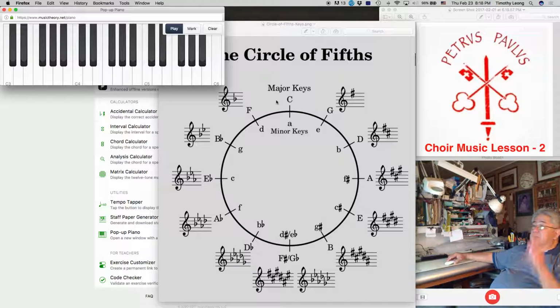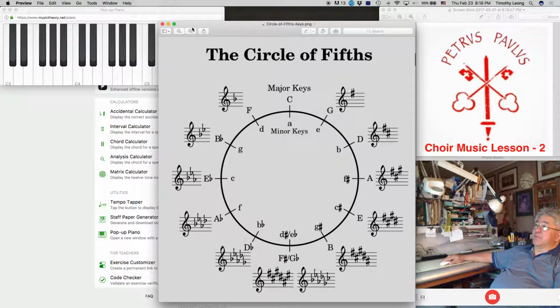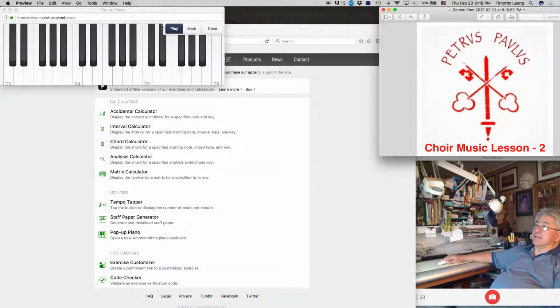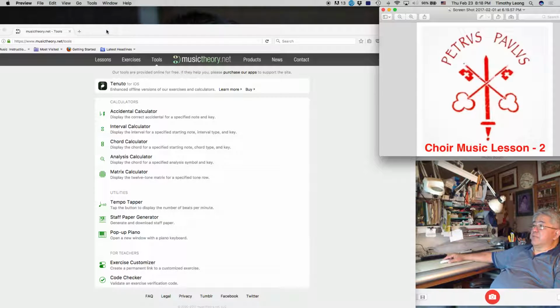If you have any questions with this, please call me or see me at Mass, and I'll answer your questions. This is really important. Circle of fifths. I think that's about it for me.